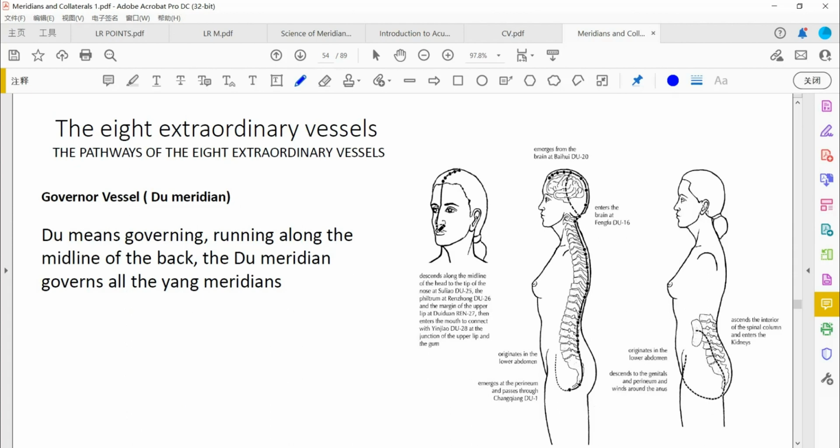And CV and GV are like a loop. That's the GV, GV is like this, and CV is like this.